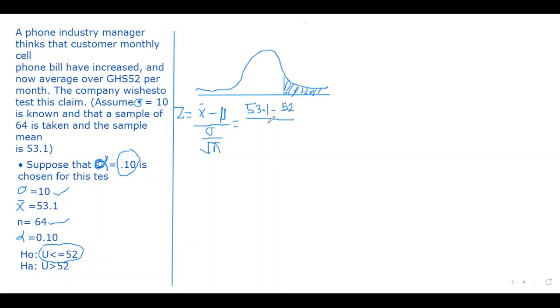The standard error is the standard deviation, which is 10, all over the square root of the sample size, which is 64. So this will give us the Z computed. So we get the value, and give me the final answer.